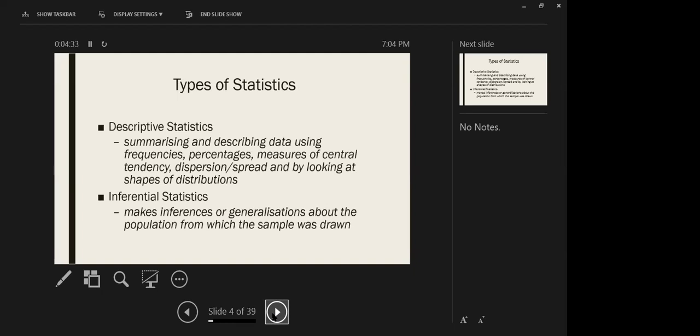Now, the next thing that we want to talk about is the types of statistics. Now, this type of information, you will not find it in your study guide, right? Your study guide just hits the ground running.